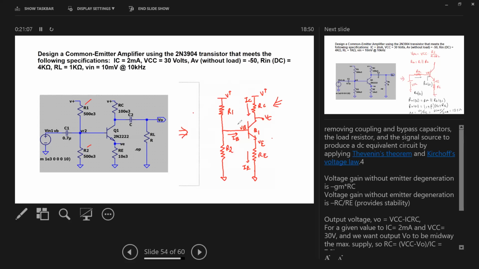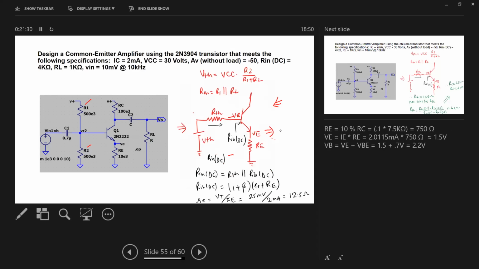And if I apply a Thevenin's equivalent to this circuit, so this is connected to the ground actually. No, this is not connected to the ground. Let me just be clear with that. So I need to get the value of R1 and R2. So I convert this circuit into the circuit as shown in this slide right here. So this is my circuit right here.